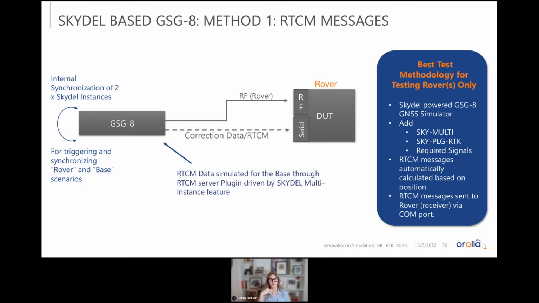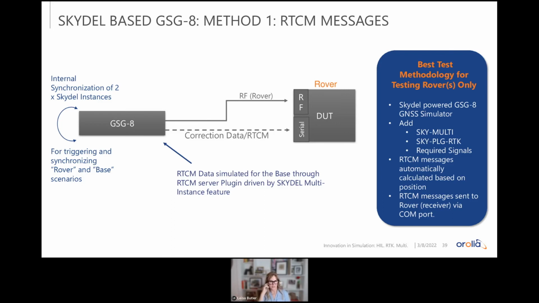Skydel uses a technology called our plugin technology. And through our plugin technology, we can support the RTK or the RTCM messages. So you would add those two features or those two options, and then whatever required signals you need.